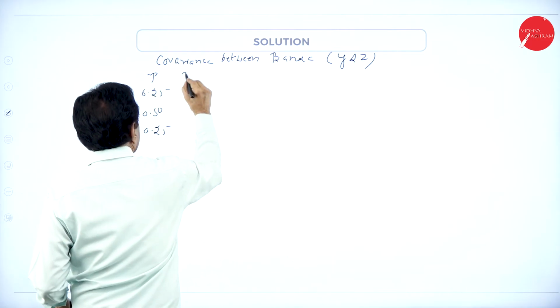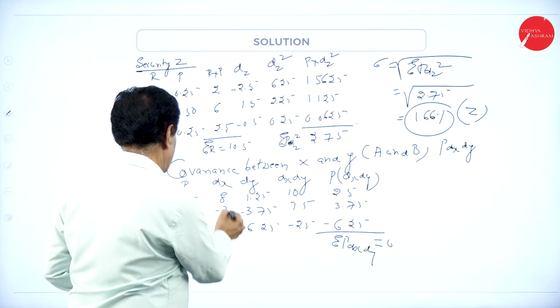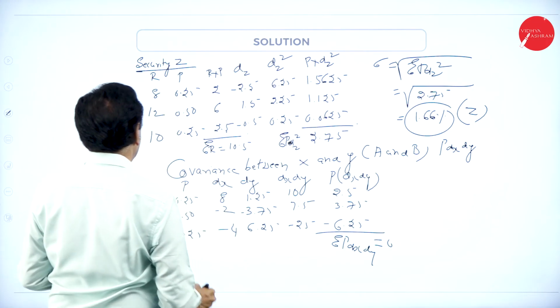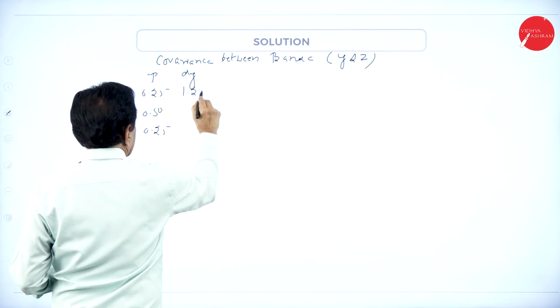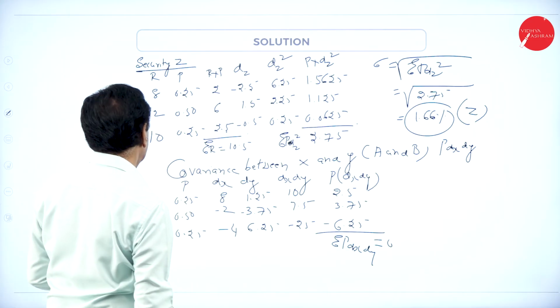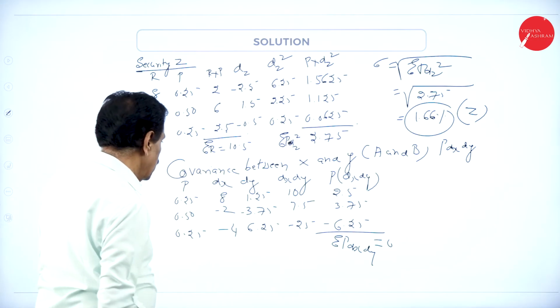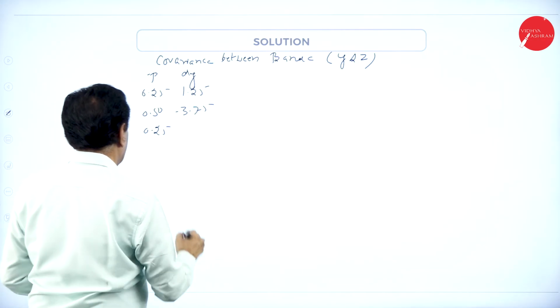Then dy, deviation of y: 1.25, minus 3.75, 6.25.